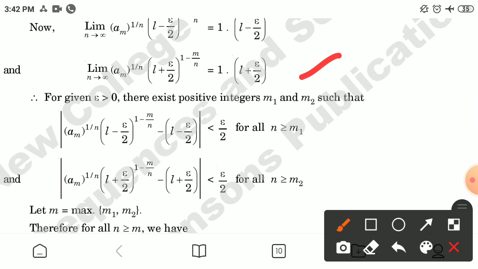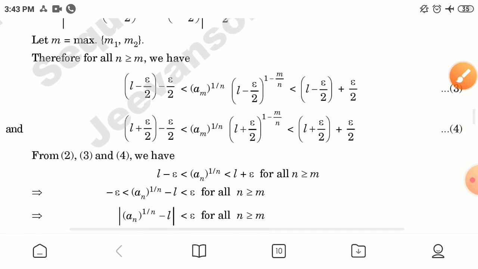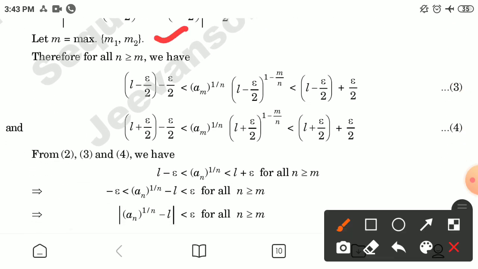Therefore, given epsilon greater than 0, there exist positive integers m1 and m2 such that both inequalities hold. Let m equal the maximum of m1 and m2. Therefore for all n greater than or equal to m, we have these two inequalities, marking them as number 3 and 4.